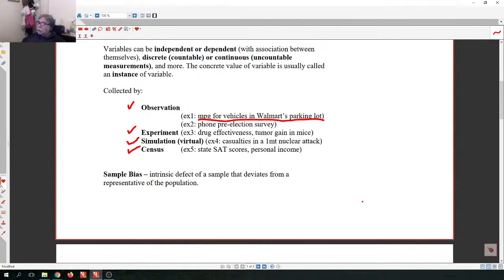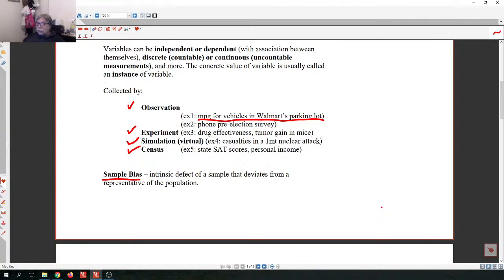No matter how good your sample is, the sample will always have something we call sample bias. Bias is a defect of a sample that tells you that the sample is not exactly representative of the population. There is something in that sample that makes it slightly different from what you would expect in the population.